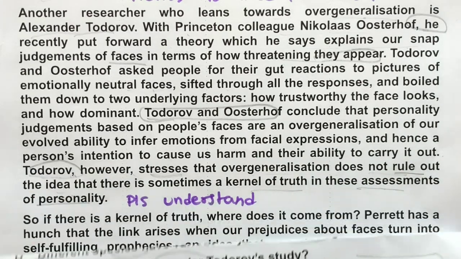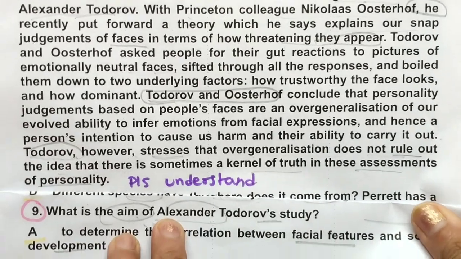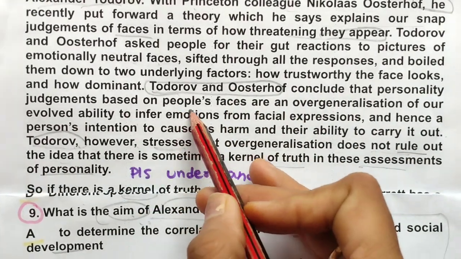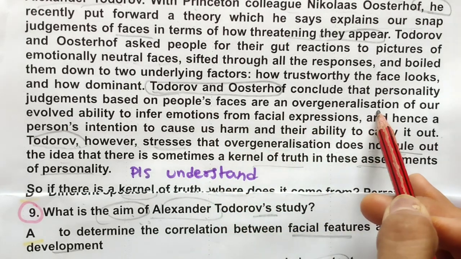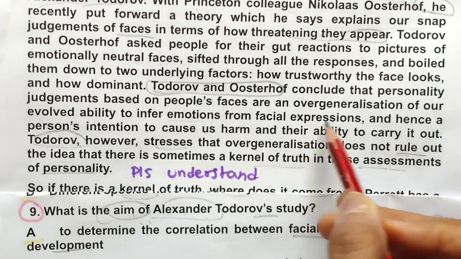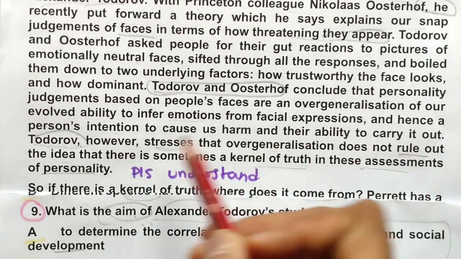In the next paragraph they have started talking about something different. They conclude that personality judgments based on people's faces are an overgeneralization of our evolved ability to infer emotions from facial expressions, hence a person's intention to cause us harm and their ability to carry it out.